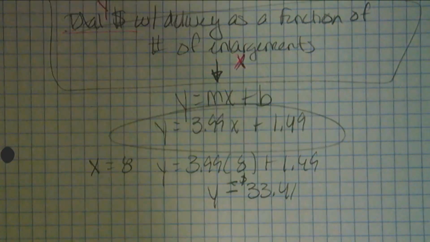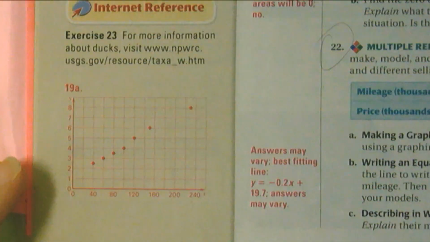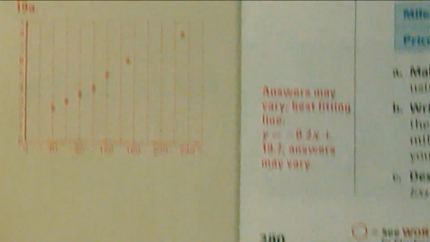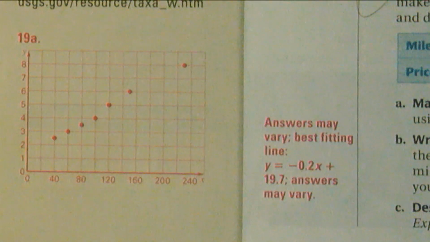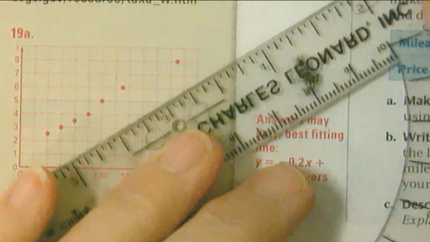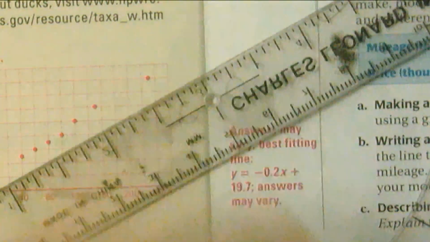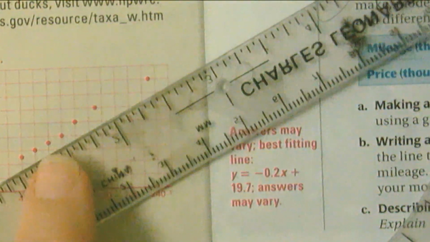Okay, so we make the scatter plot. I'm just going to run through this really quick. Here's a scatter plot from this problem. All right, so if I was to look at this scatter plot, I might choose that top value and maybe one of these in the middle.